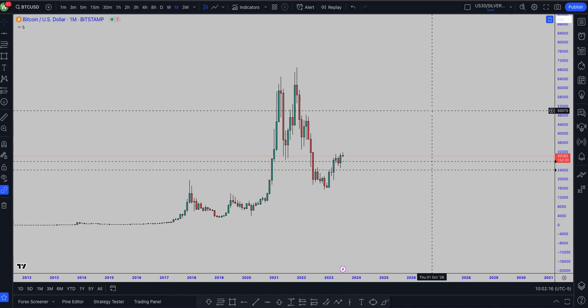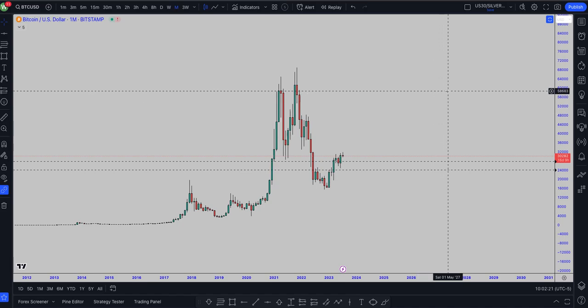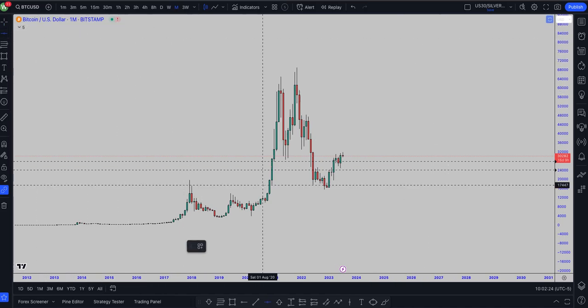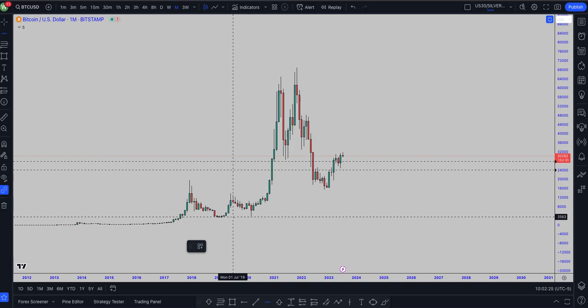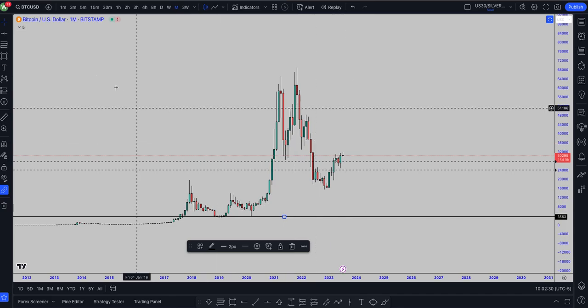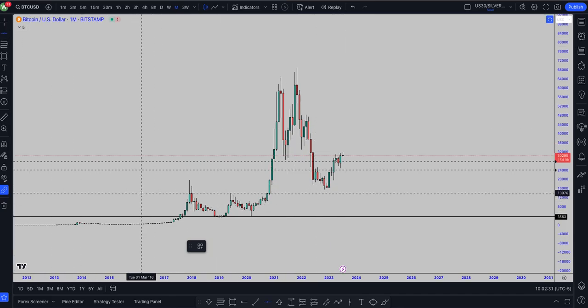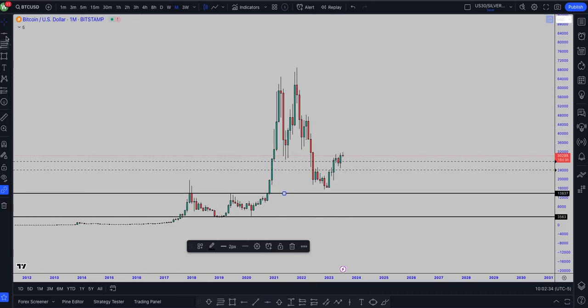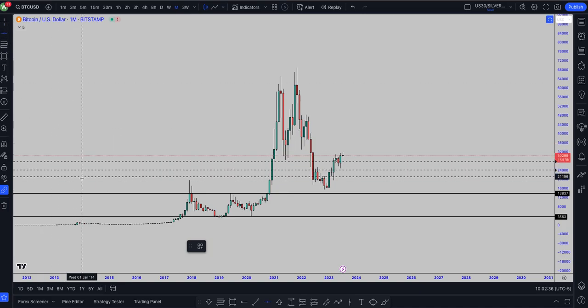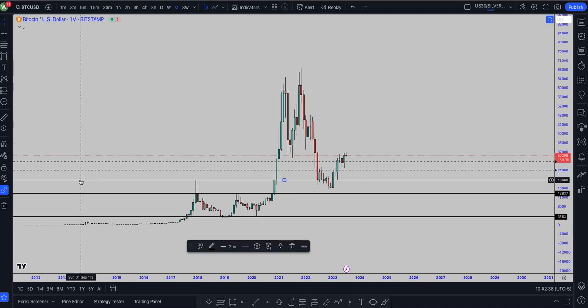So personally, we can start from the bottom all the way to the top, and we'll just start identifying these areas. So we can see one key level right here. You can see another one here. We're just gonna take it slow and steady, and gradually it's gonna make a lot of sense. And you can see this one here too.